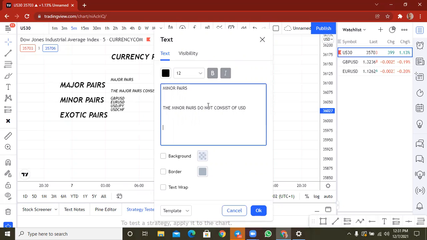So you have many of them, okay? Many of them as in minor pairs. Right, so many of them.